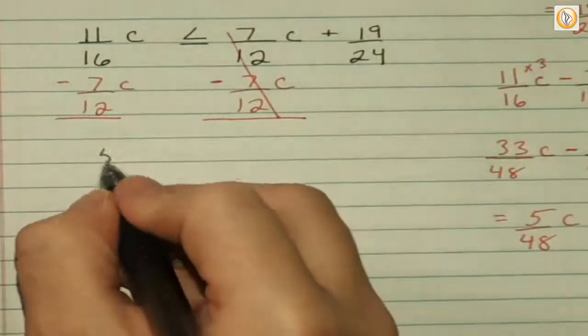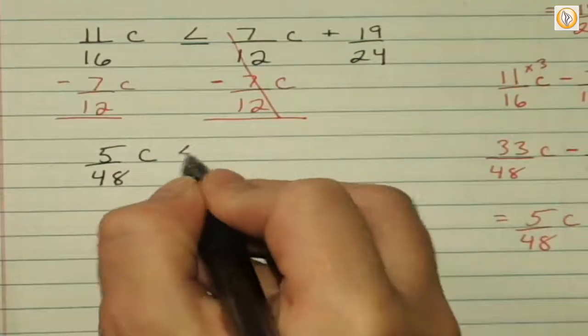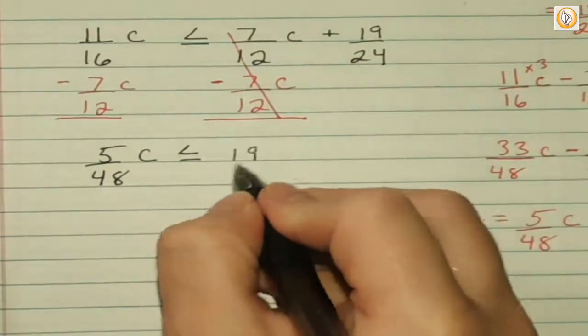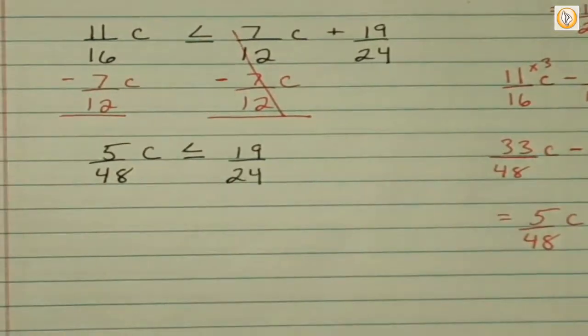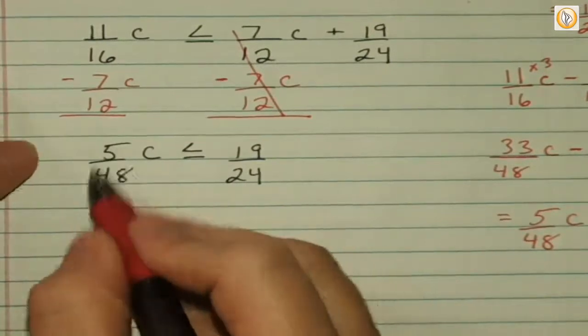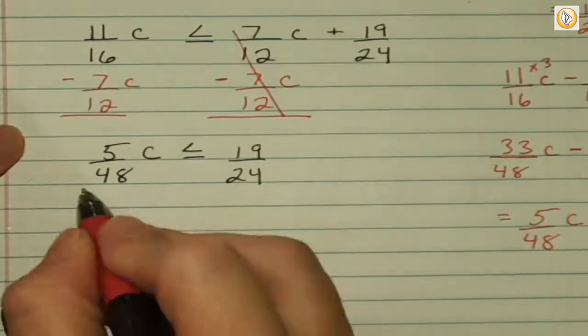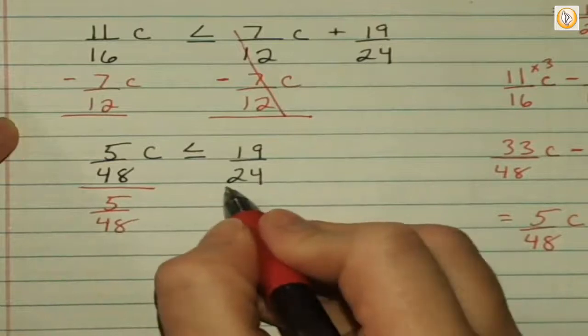So I have 5 over 48c is less than or equal to 19 over 24. Okay, since this fraction is being multiplied by the c, we're going to divide both sides by 5 over 48.